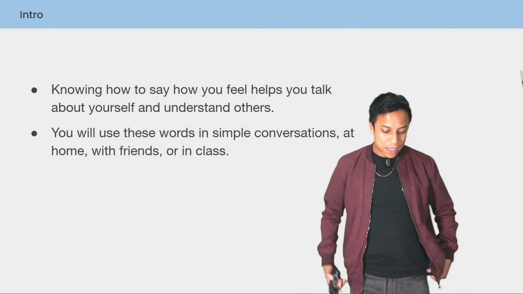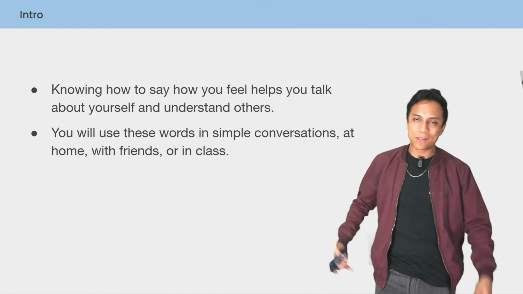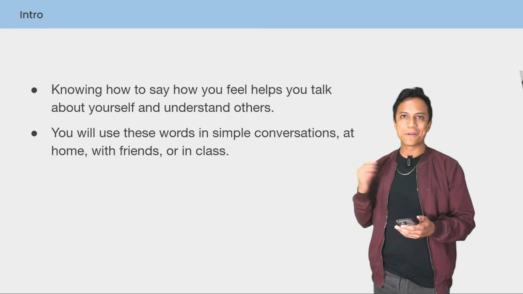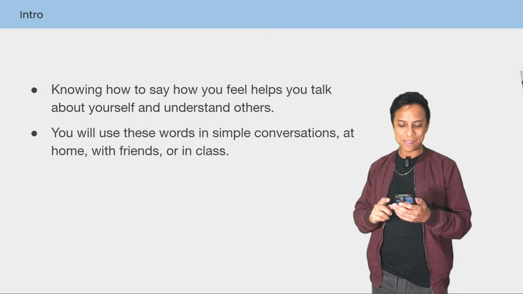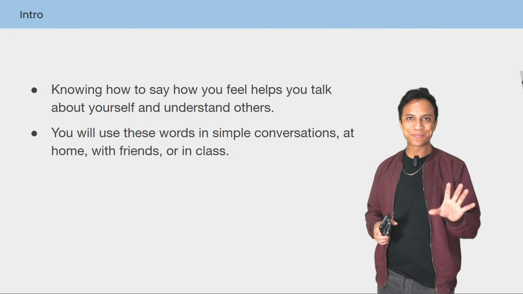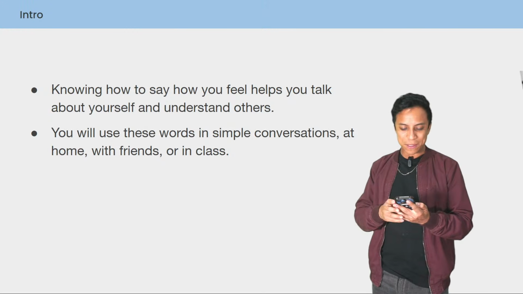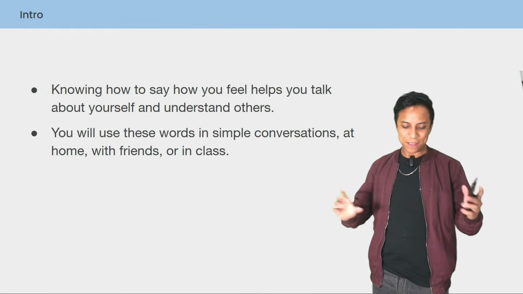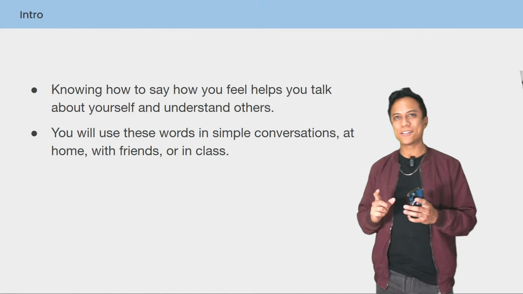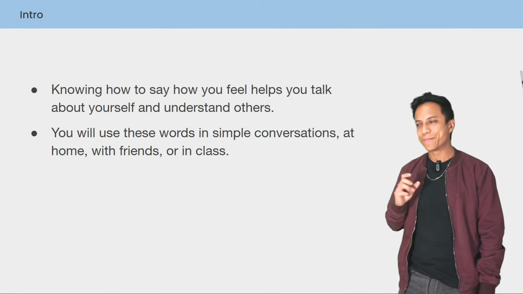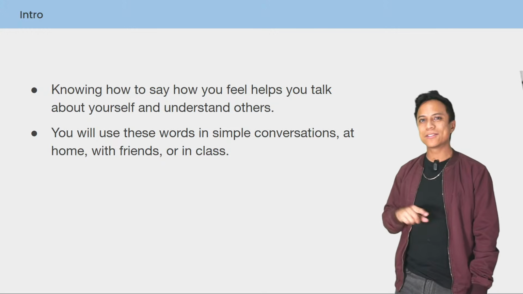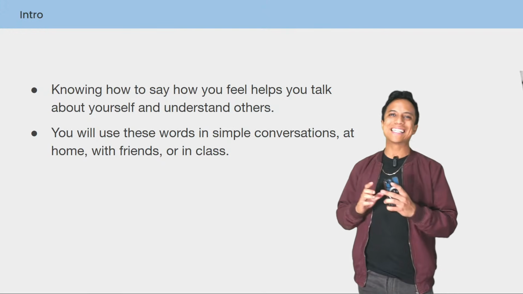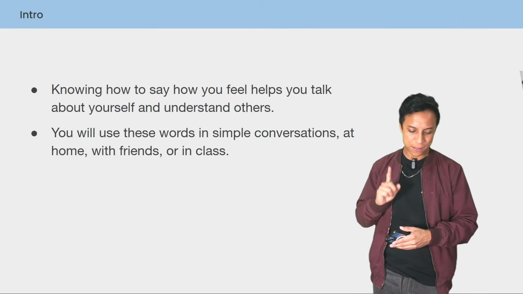You will be able to have simple conversations about feelings in general, at home, with friends, or during a lesson. That would be really cool. Okay, so I will tell you everything about this. There are some nuances, both on vocabulary, but also I will help you to understand the verbs like sentir. Okay, I will help you on that.